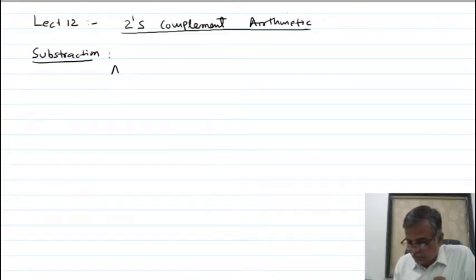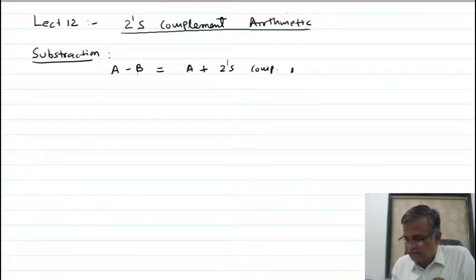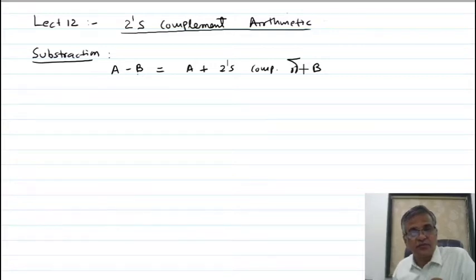Suppose you want to subtract the number b from a. It is nothing but a plus the 2's complement of b. The subtraction of any number b from a is the addition of number a with the 2's complement of number b.